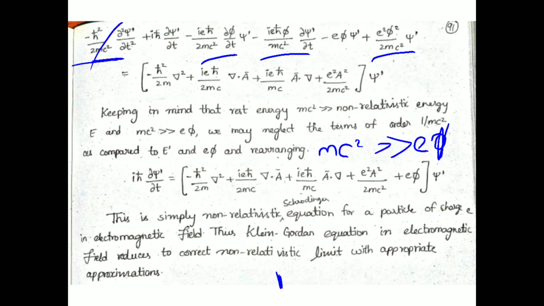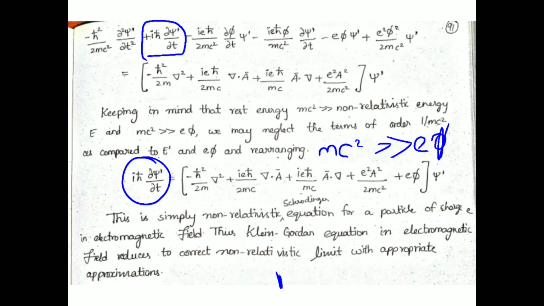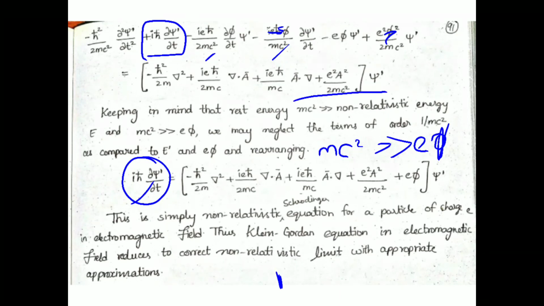So here you can see from the left hand side only we have taken this term, that is i h cut dou z dash by dou t. Remaining ones all have 2mc square, mc square, e phi by, especially in the numerator also we need to observe phi is there. So energy ratios, that is nothing but ratio of energies, and E is nothing but h nu. So this term would remain, and from the right hand side all these terms would remain.